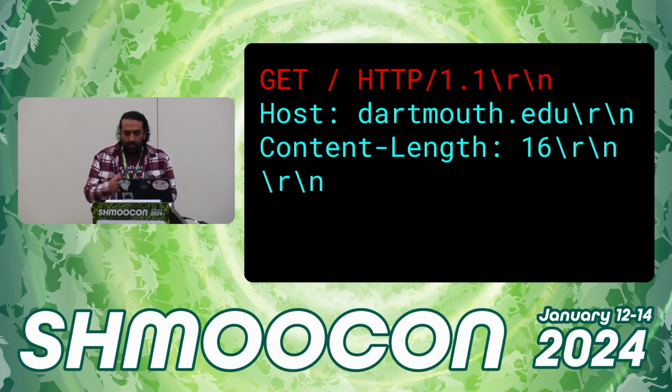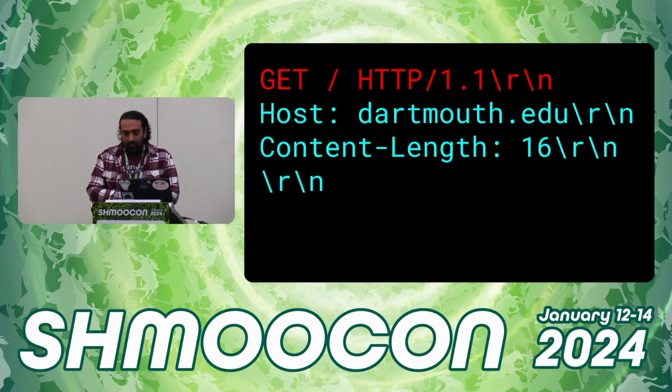The second portion of the request is a set of headers. Like in this case, there's a host header. There's a colon to separate the key and the value here.